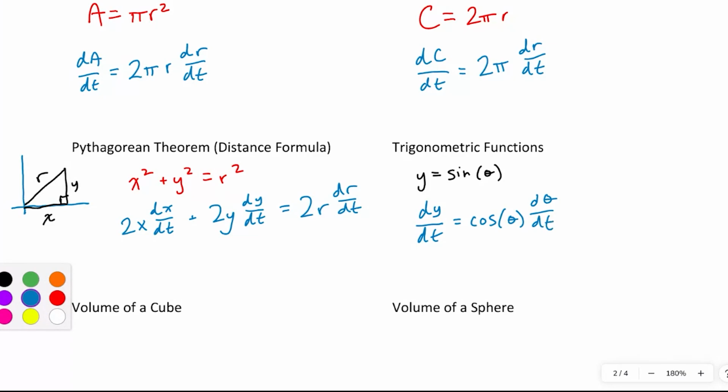Or if you had cosine as your function, it would work kind of similarly. You'd have dy dt equals negative sine theta d theta dt. We're not going to go through the rest of them, but just wanted to show you a couple of examples here.